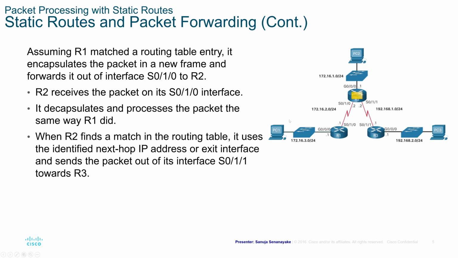Remember, when the packet first arrived from PC1 to R1's G0/0, R1 removed the encapsulation, right? So it re-encapsulates it and sends it out the correct port, in this case S0/1/0.